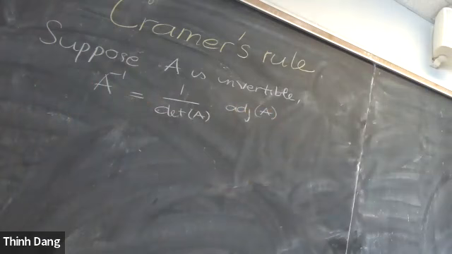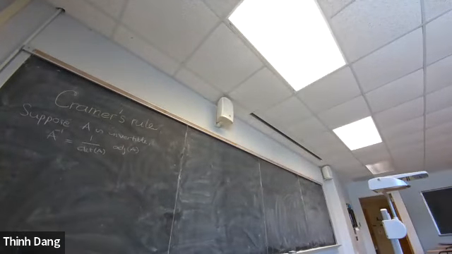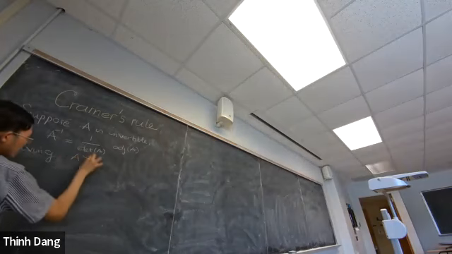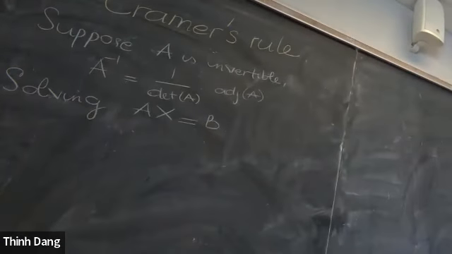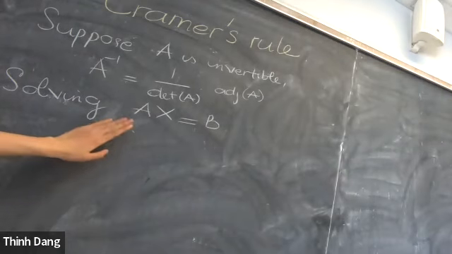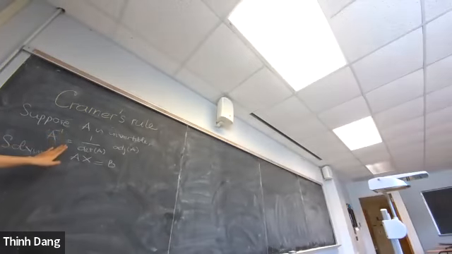And today, first of all, we will talk about Cramer's rule, where we use this formula to solve a system of linear equations in the form AX equals B. Any system of linear equations can be rewritten in the matrix form AX equals B. In this case, we are considering the situation where the matrix A is invertible.